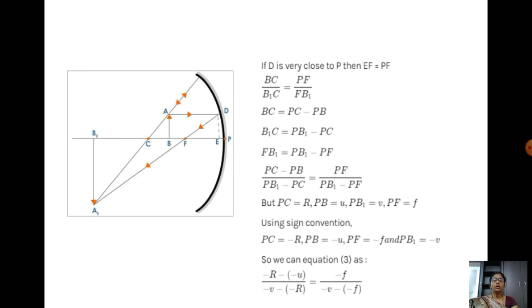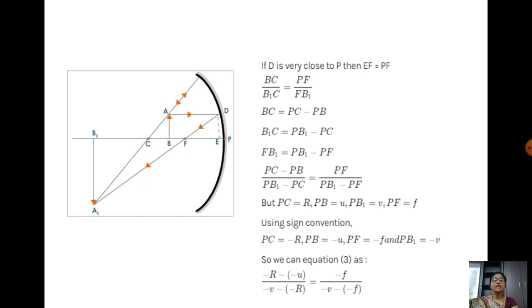By substituting all these values, from the figure I can take BC is equal to PC minus PB. Now B1C is equal to PB1 minus PC. PC is the radius of curvature R and PB is the object distance from the pole of the mirror.